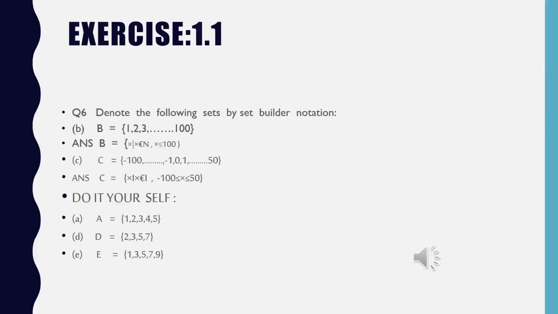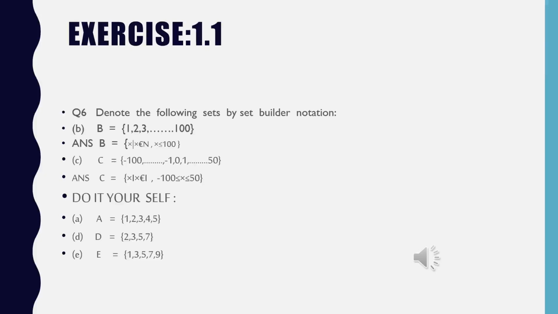You will convert it into builder notation like C is equal to the set of integers x such that x is an element of integers and x is greater than or equal to minus 100 and less than or equal to 50.